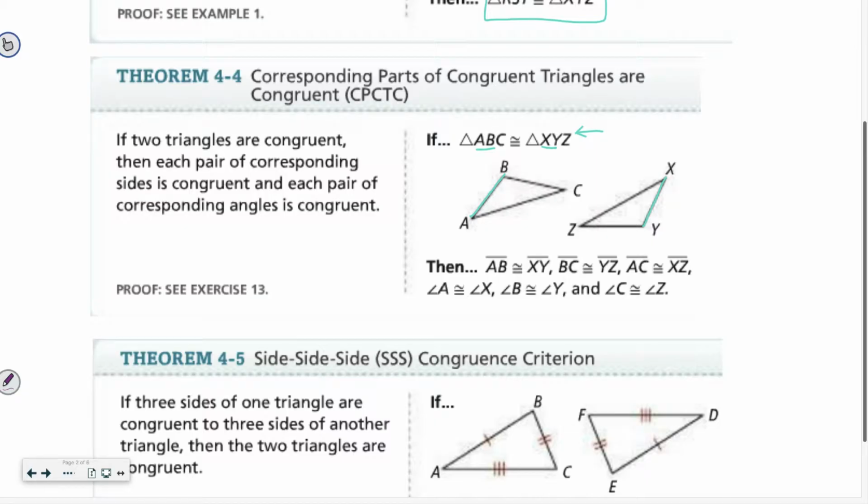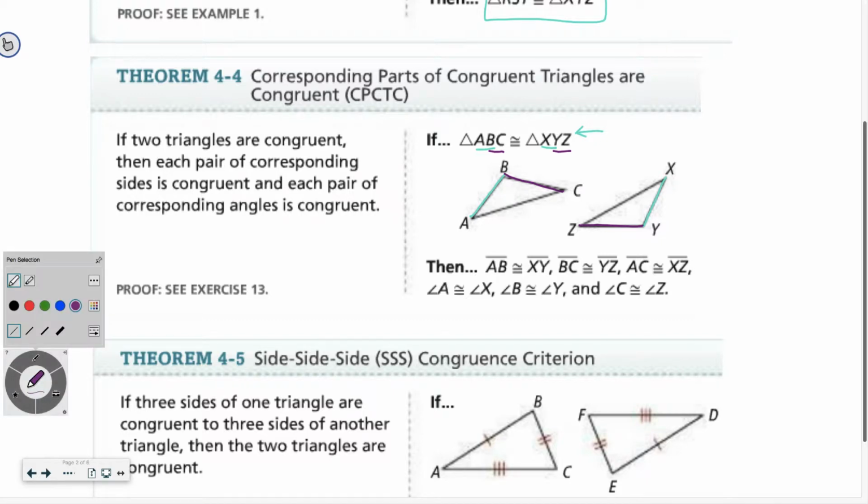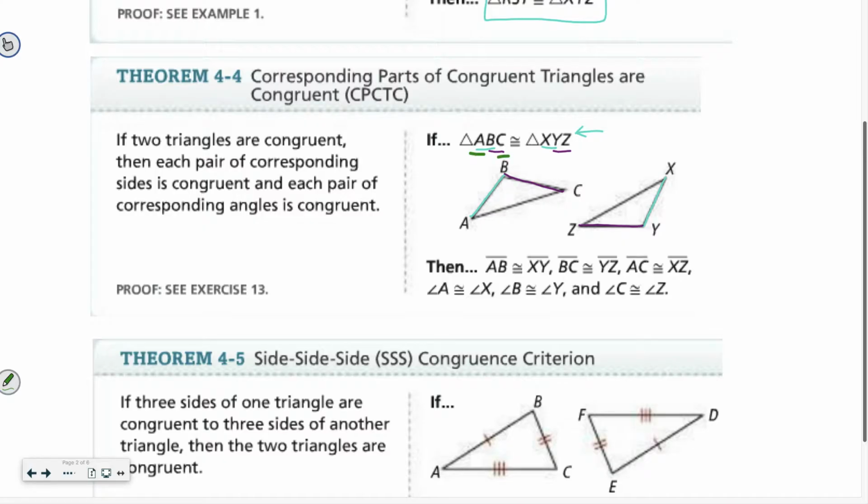Then BC and YZ would be congruent to each other. After BC and YZ, I could say that AC and XZ are also congruent.